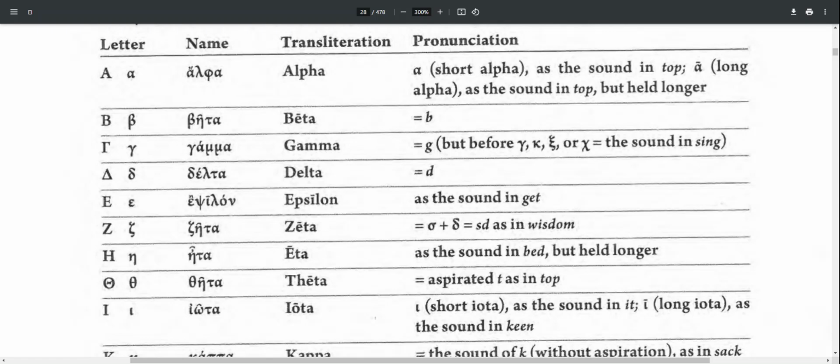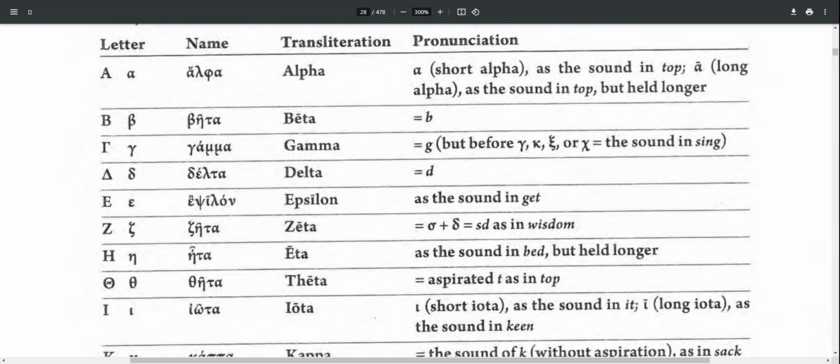But a lot of people will say it like DS or DZ, so a lot of people will say zeta. In modern Greek, you just say a Z sound; zeta is the name of the letter.